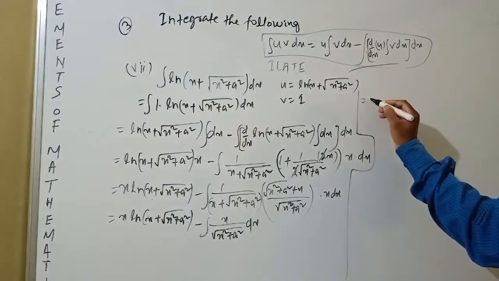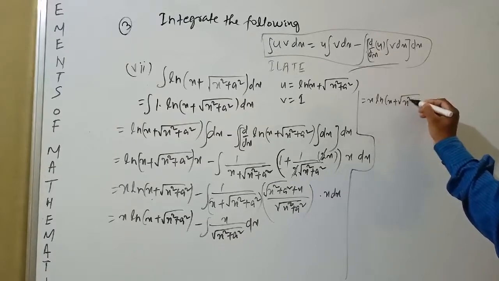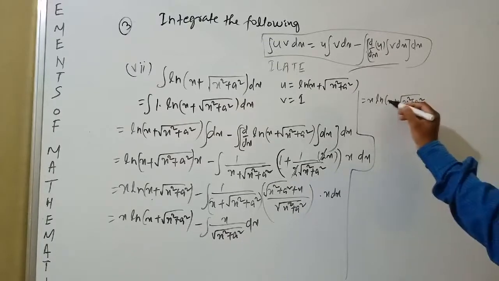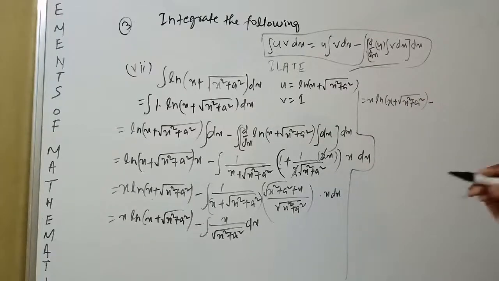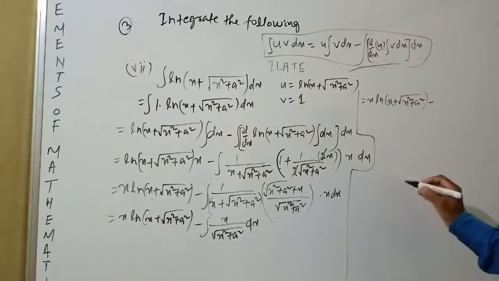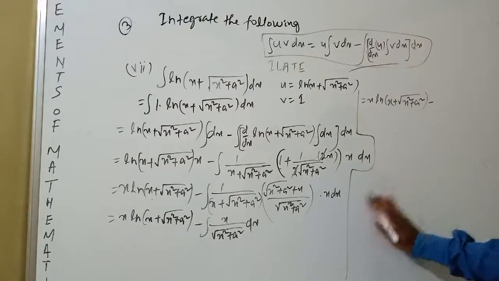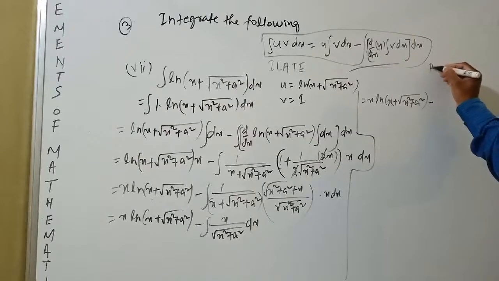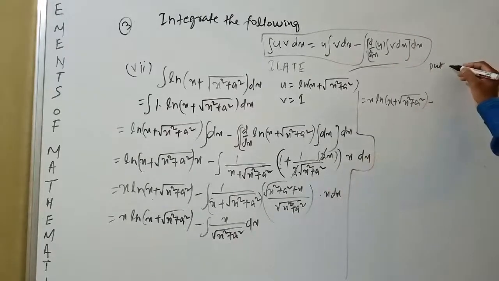Now you put, you write, put root over x square plus a square.